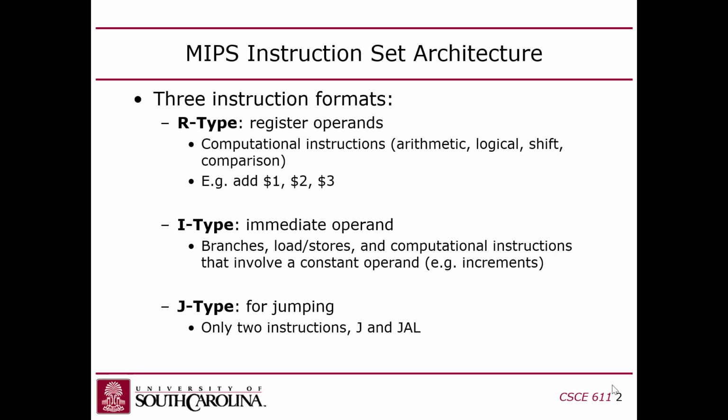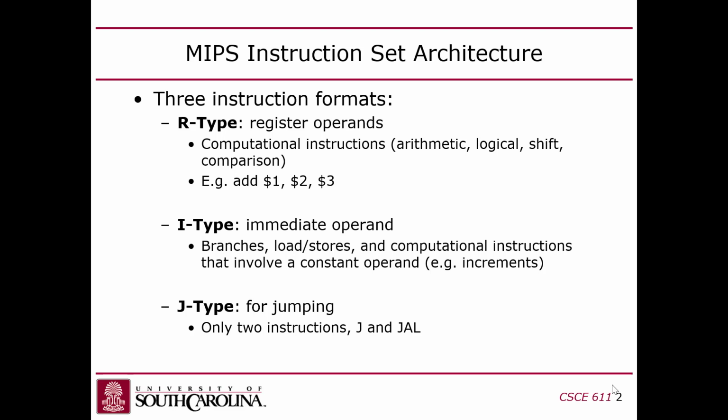So one of the nice things about MIPS is that it's very simple. It only has 3 instruction formats. And the J type is only used in a few instructions. So mostly all the instructions are R type or I type. And I think this is the reason why MIPS has been around so long and has been as popular as it's been.